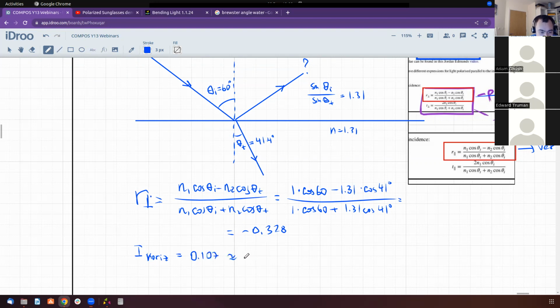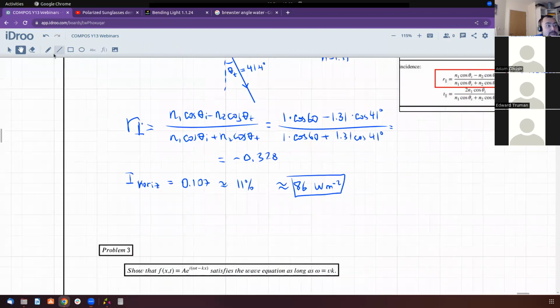So it's approximately 11%, basically 11% of the light is reflected. 11% of 800, that's about 86 watts per square meter. That's the intensity of the reflected light if the light is horizontally polarized.